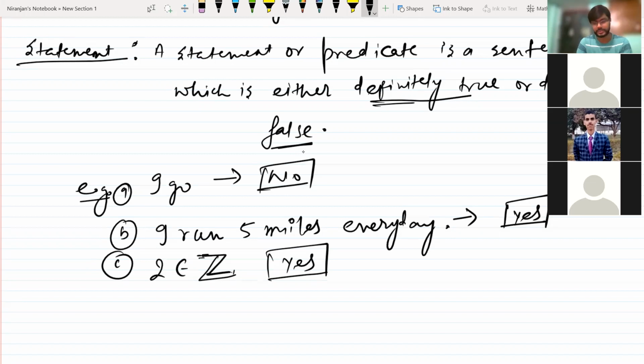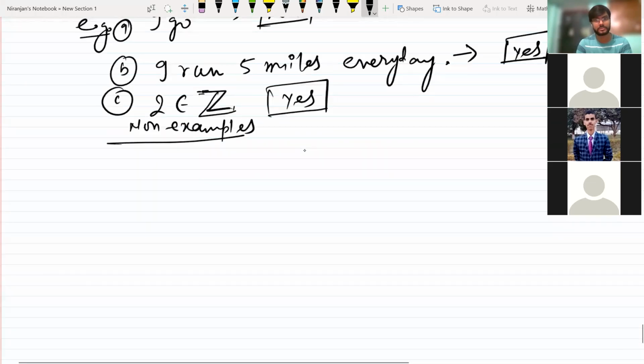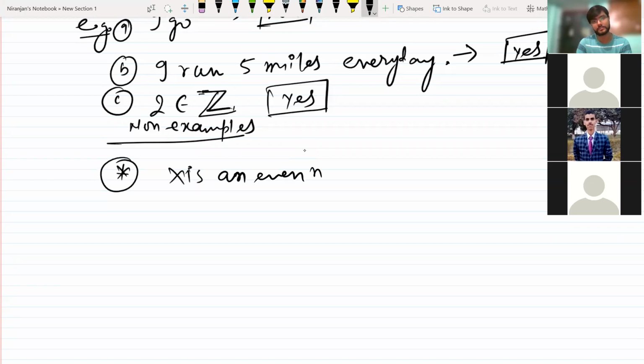What are the non-examples of statement? Let's take an example. X is an even number. Is this a statement? Priyanka, answer this.